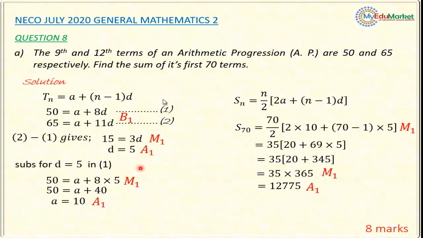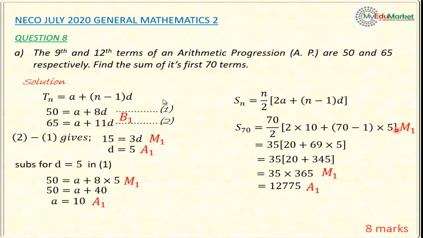The next mark is a method mark for substituting d in an attempt to get a in either of the equations. The next mark is another accuracy mark for getting a equals 10 exactly. The next mark is for substituting a, d, and n in an attempt to get the sum of the first 70 terms.